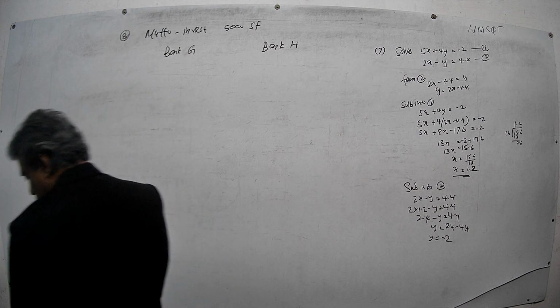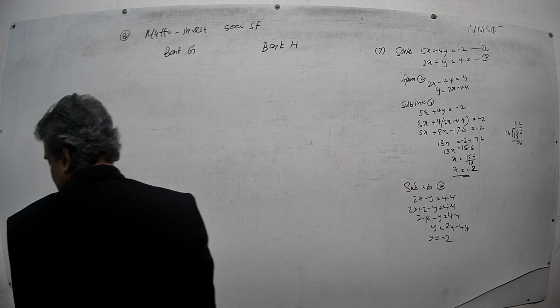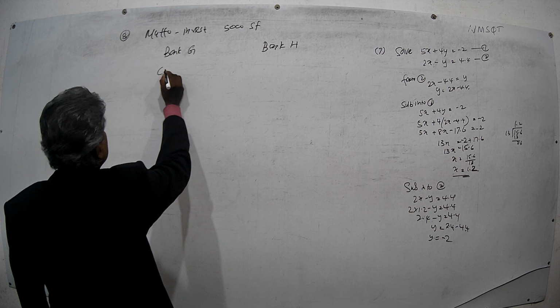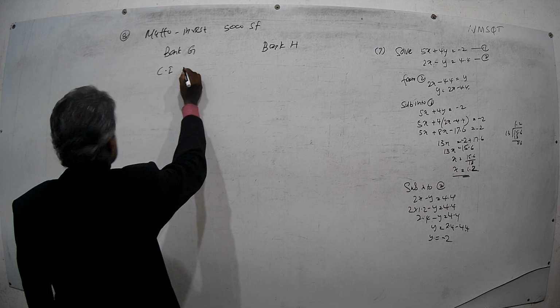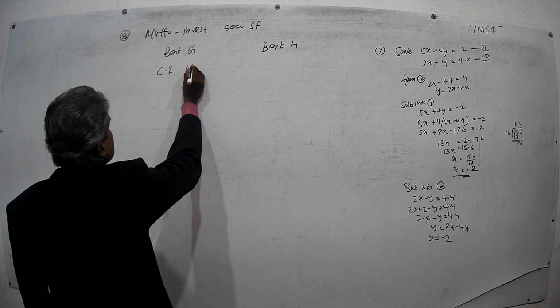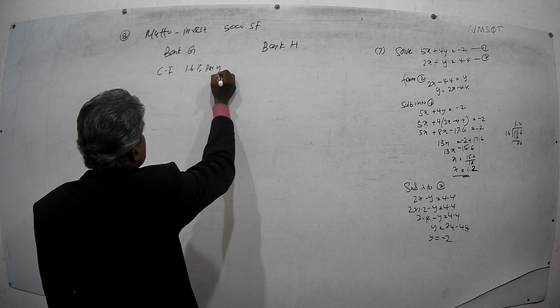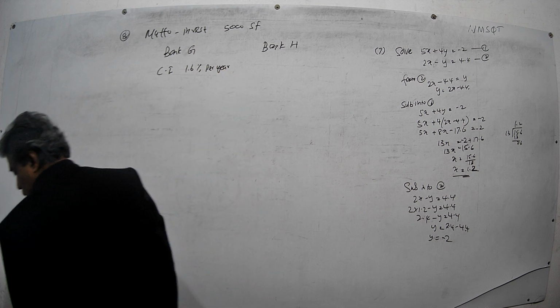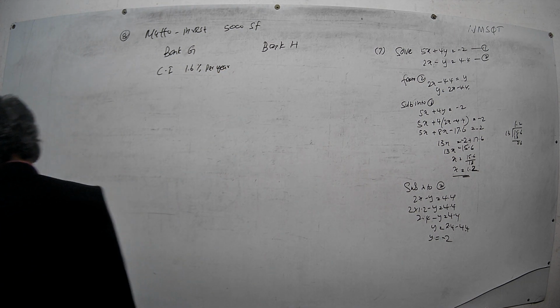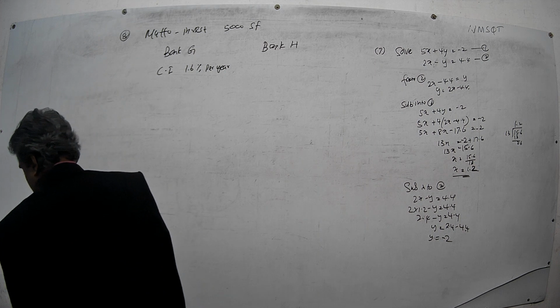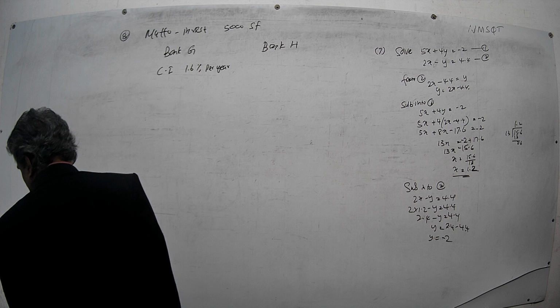Now bank G gives him compound interest of 1.6% per annum. Per annum means per year. Then bank H gives him 2.9% interest added after 2 years.